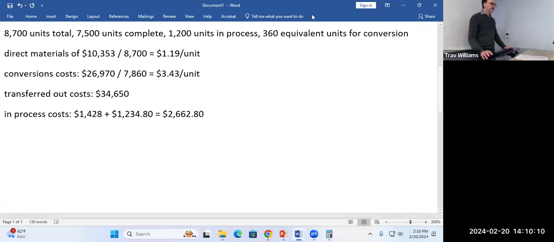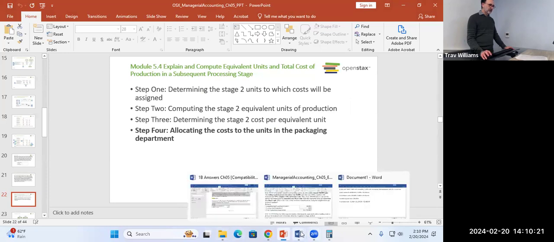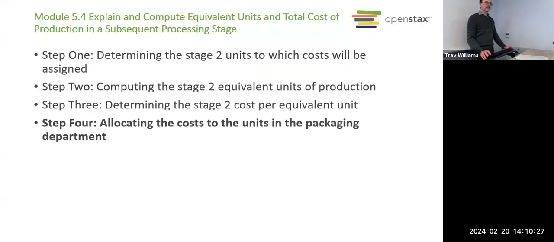No? All right, so we've already gone through the process of how you figure out the costs for what got completed and the costs for what is still in process.